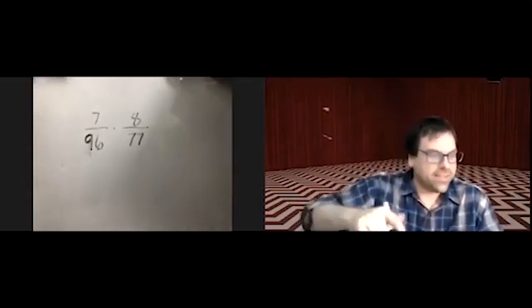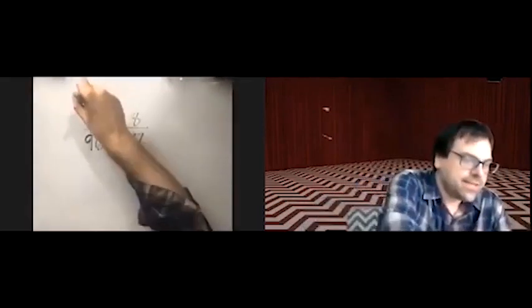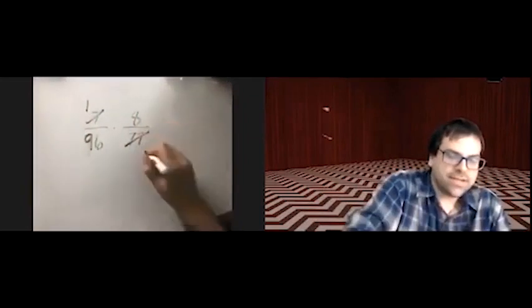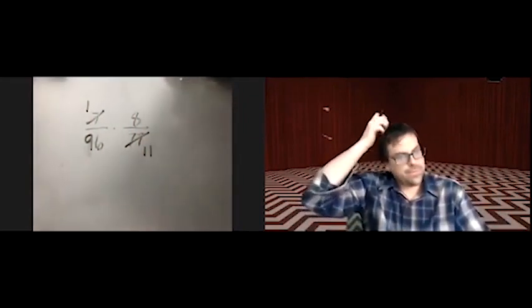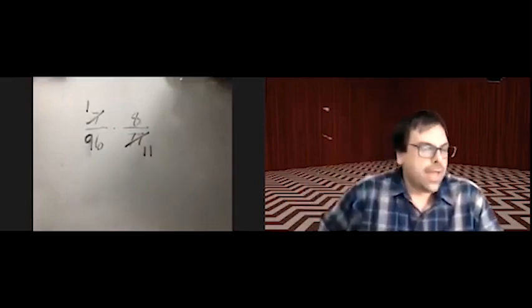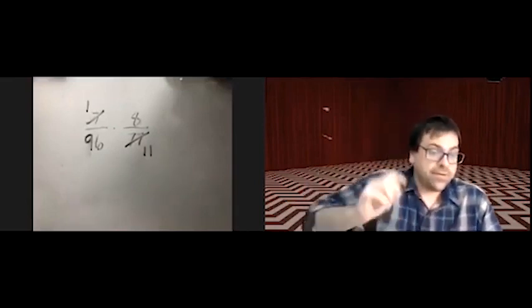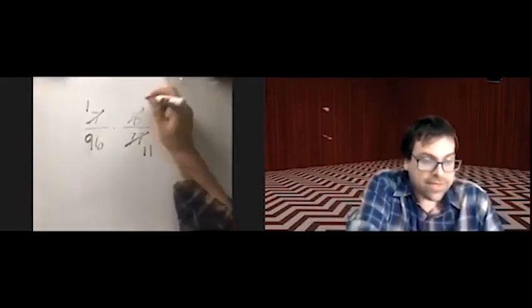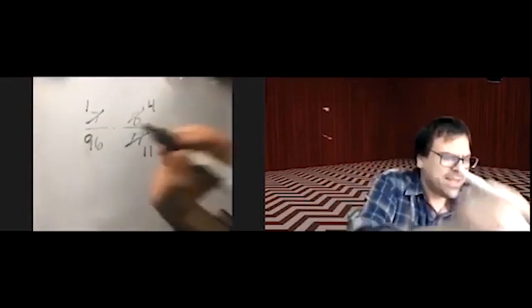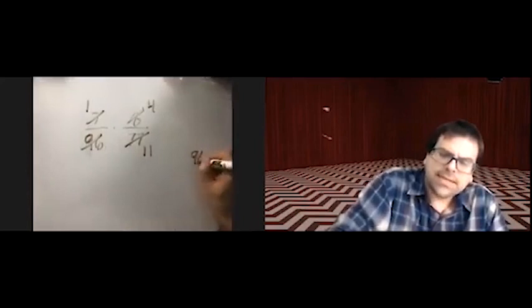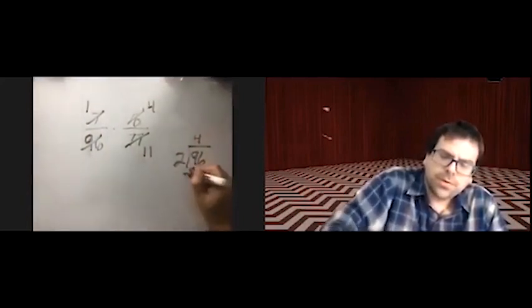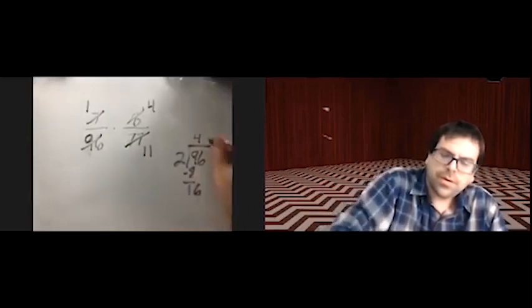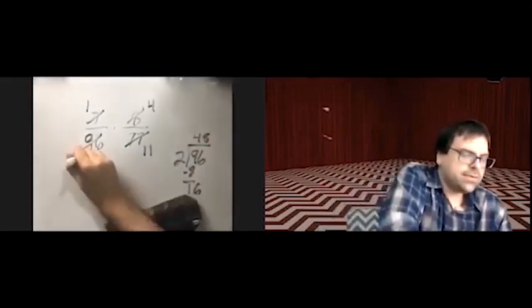7/77. We can divide those by 7. 7 divided by 7 is 1. 77 divided by 7 is 11. 8/96. They're both even. Divide them by 2. 8 divided by 2 is 4. 96 divided by 2 is 48.